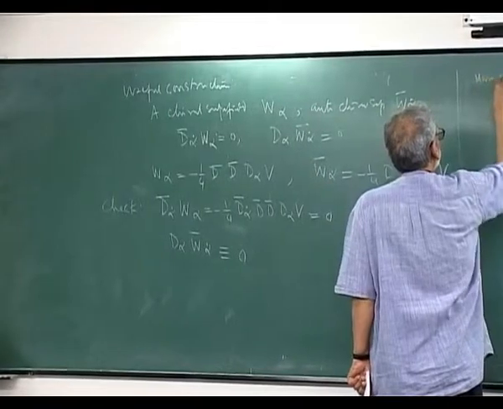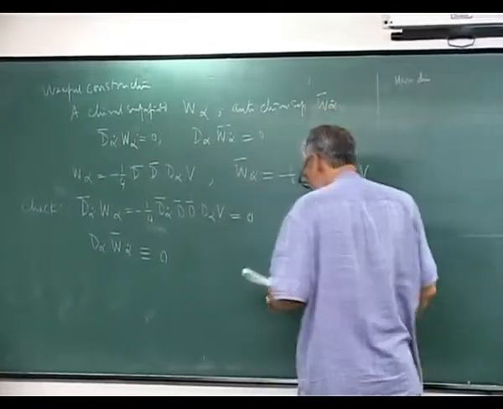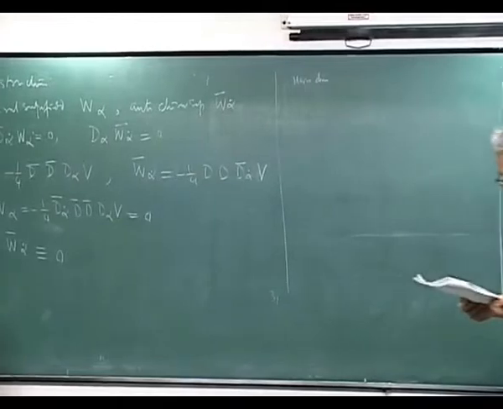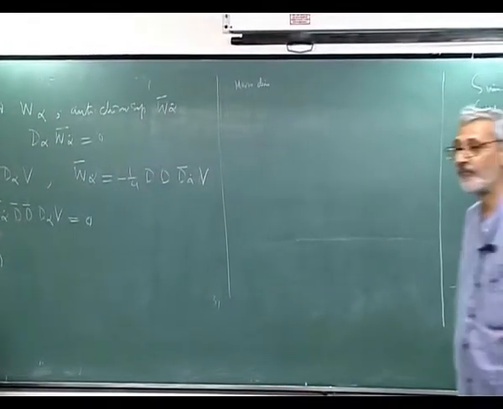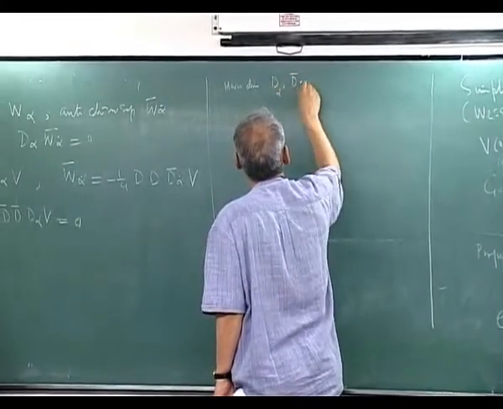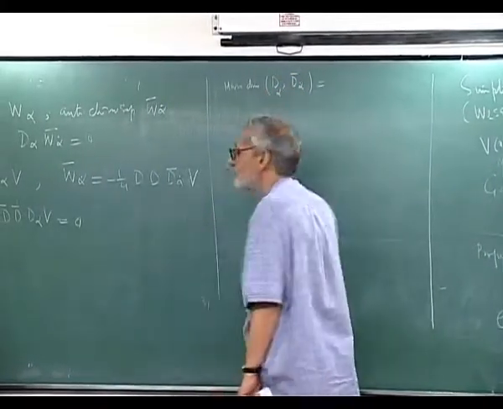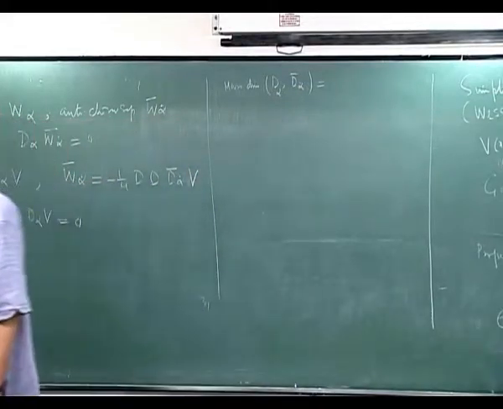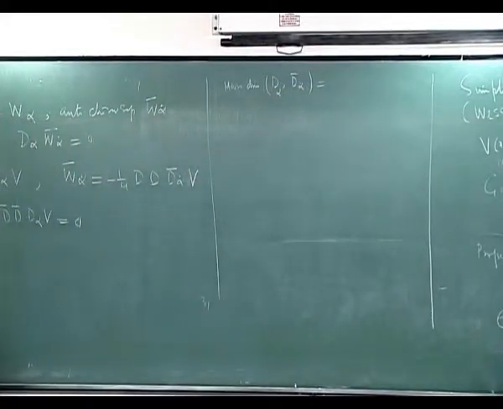Mass dimensions. Remember what was the mass dimension of D, or D bar alpha dot? Anybody remembers it? D is a spinorial derivative, a covariant derivative, even an ordinary spinorial derivative, not even a covariant derivative. I made a little fuss about it at one stage.